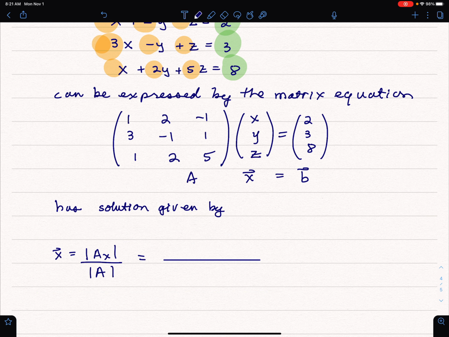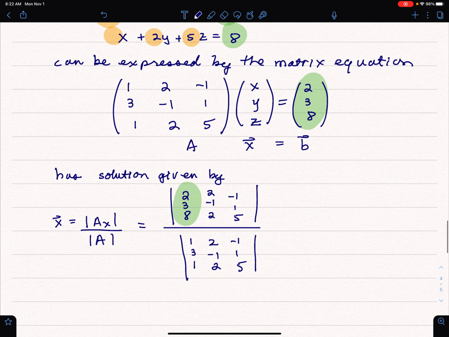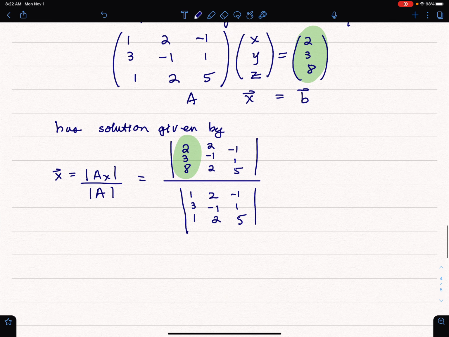I'll put the denominator first, the matrix A. Then I put in the exact same entries for Ax, except I replace this first column by those numbers for B. That's how you do the determinant. The vertical bars mean determinant.